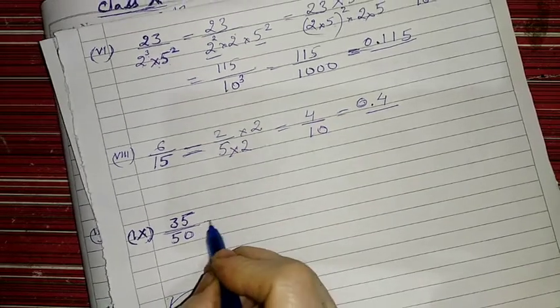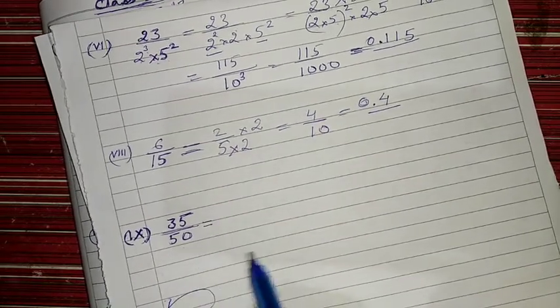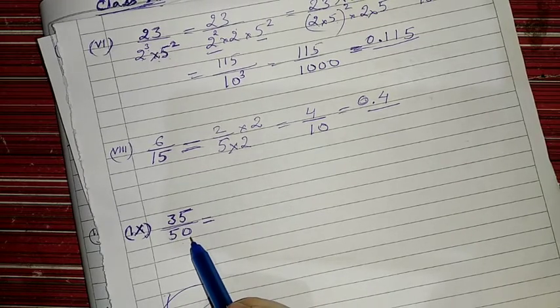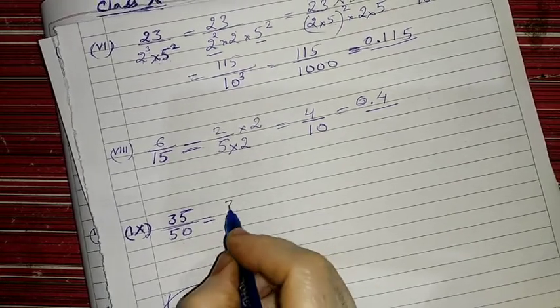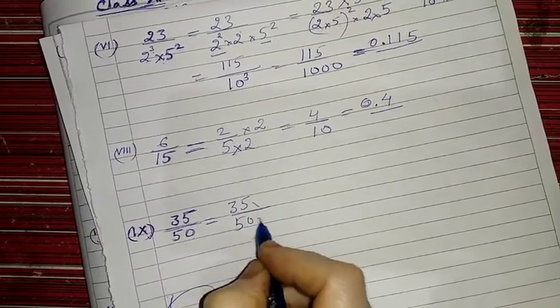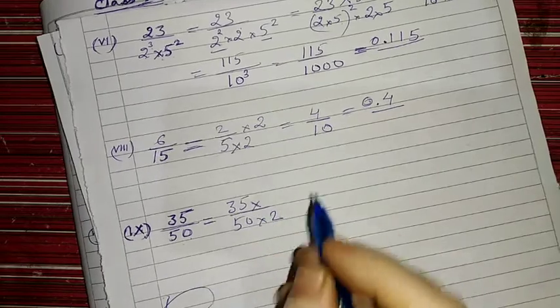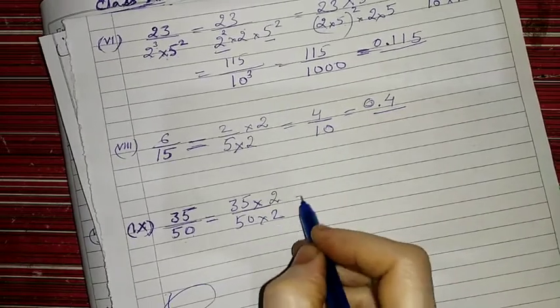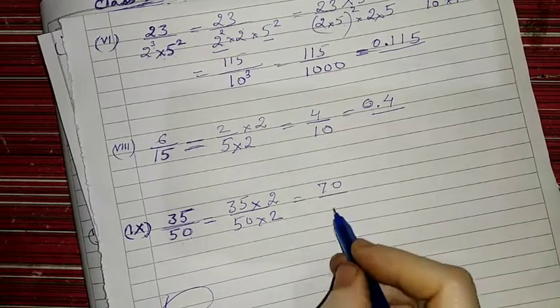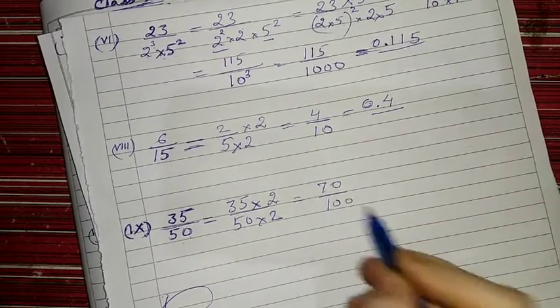Now question number 9, 35 divided by 50. If you multiply 50 by 2, you will get 100. That is very easy. 50 into 2, so you have to multiply the numerator also by 2. Then 35 into 2 is 70 and 50 into 2 is 100.